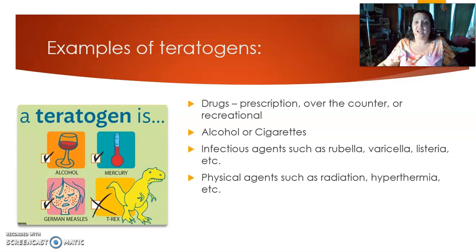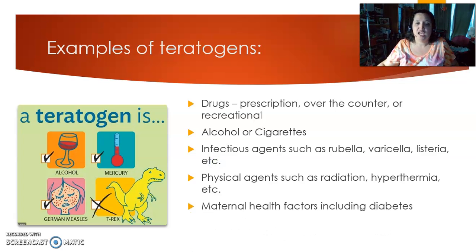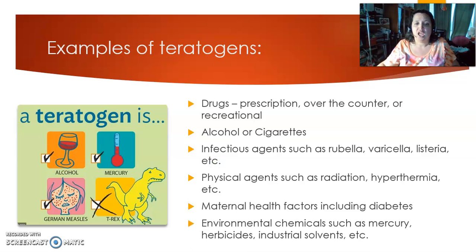Physical agents like radiation or hypothermia can affect the baby's development. Maternal health factors, like if the mom has diabetes or depression or other issues, can affect the baby. Environmental chemicals like mercury, herbicides, industrial solvents, these can all affect a child.